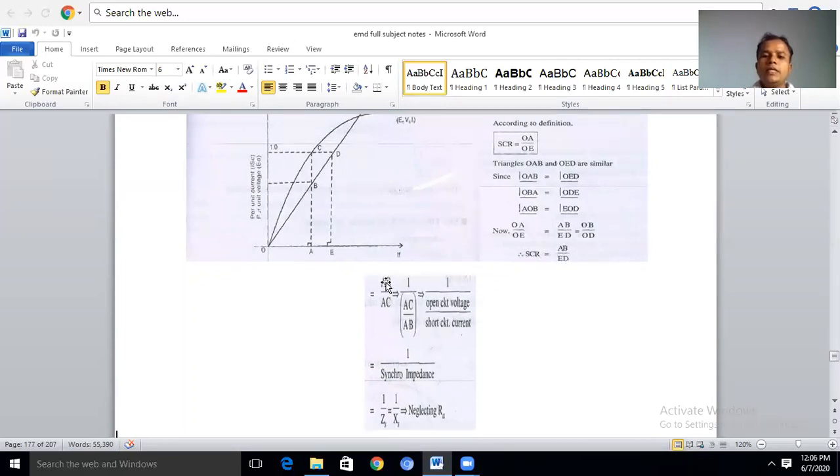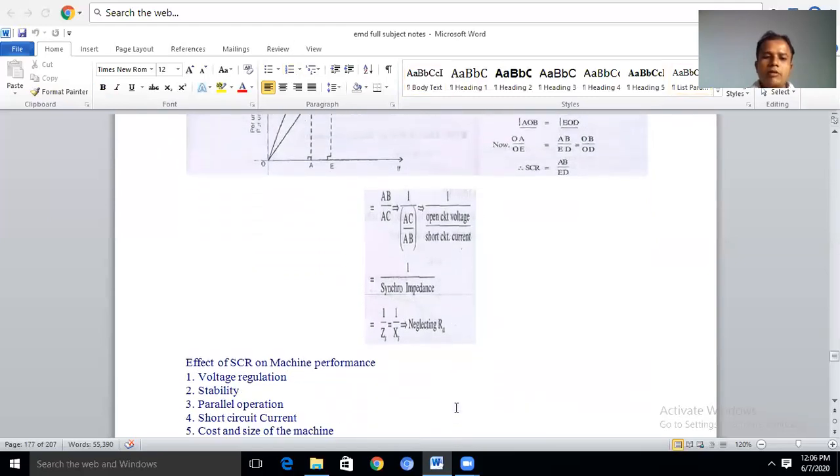Now AB by AC is equal to 1 by AC by AB. 1 by AC will be the open circuit voltage, AB will be the short circuit current, so it is 1 by synchronous impedance. Now 1 by ZS is equal to 1 by XS, as we are neglecting the resistance. This is the short circuit ratio, SCR.